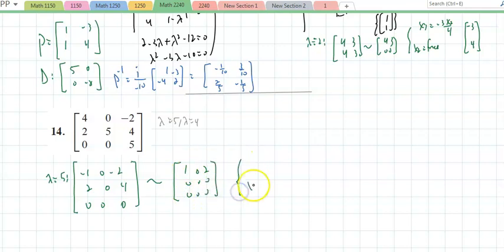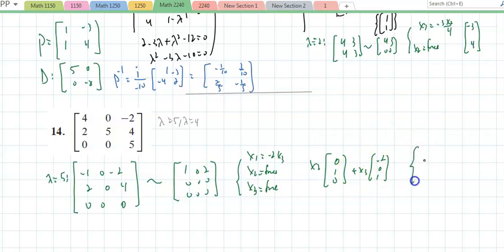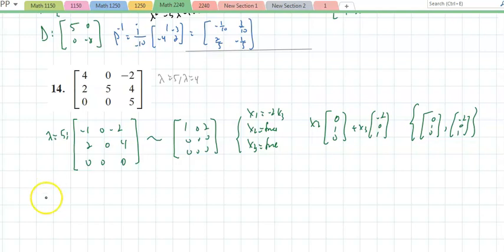That means x2 and x3 are free, and x1 is negative 2 x3, meaning I get two vectors: x2 times 0, 1, 0 plus x3 times negative 2, 0, 1. Those are two, which is very good because I need 3 for this to work.